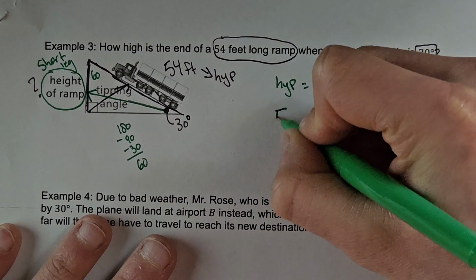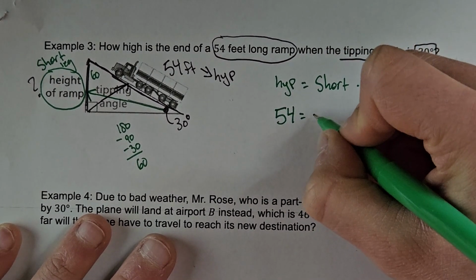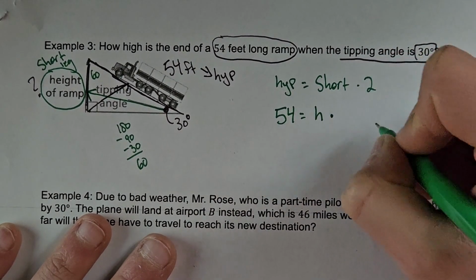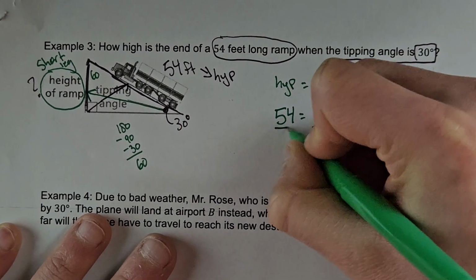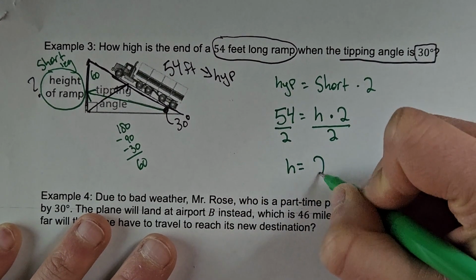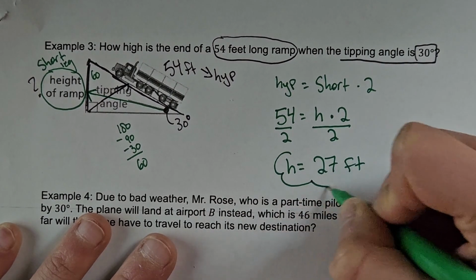Now, when plugging in my information, I have 54 is equal to that short leg. Let's give it h for height. That's my variable times 2. I want to get h by itself, so I'm going to divide by 2 and end up getting an h of 27 feet. So the height is going to be 27 feet on our ramp.